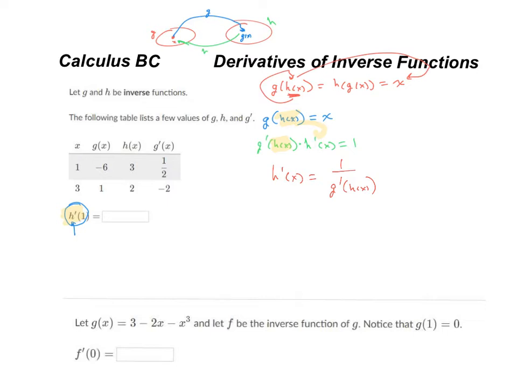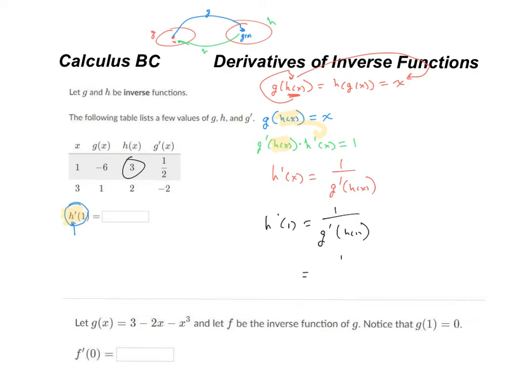Here we go. The following table lists some values. Well, I want to find h prime of 1, so let's throw a 1 in there. h prime of 1 equals 1 over g prime of h of 1. Well, h of 1 is given to us right there. h of 1 is 3.